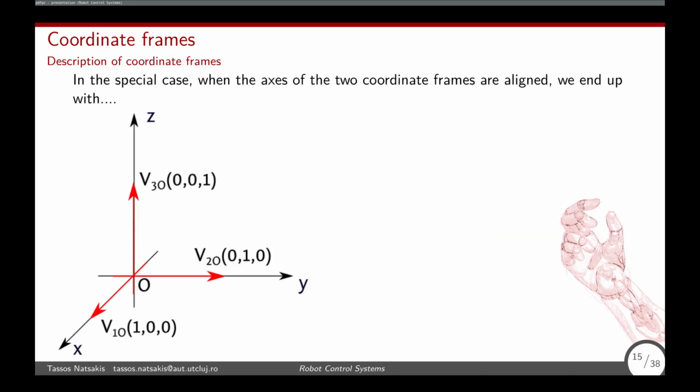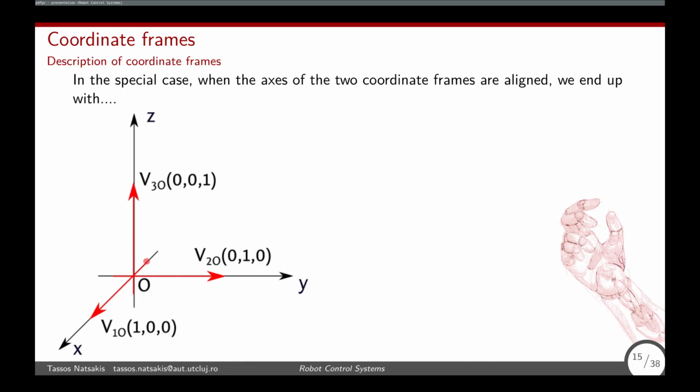Let's see an example. Let's say we have this coordinate frame, the black one. Okay, and in this frame we're trying to describe the position of these 3 vectors. And it happens that these 3 vectors are aligned with the 3 axes, right? And they have length 1.